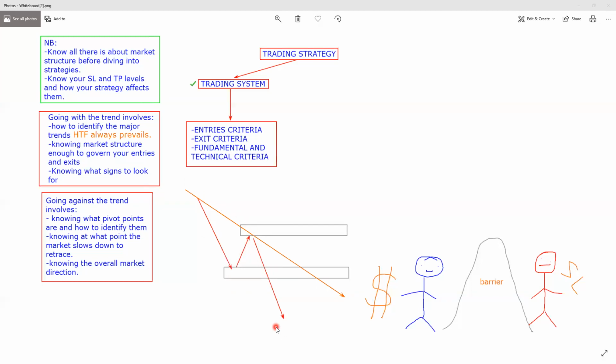How to expound more on such entries, because I'll narrow down on my own system, which is supply and demand, which I refined over the course of the year of 2018.